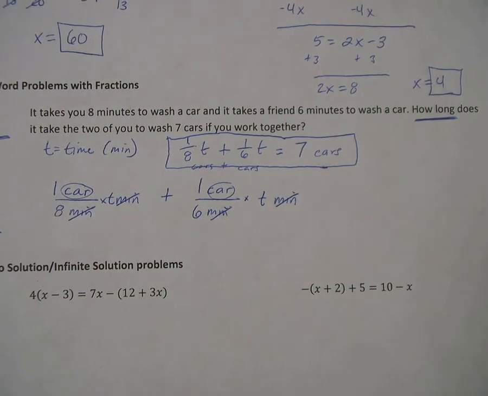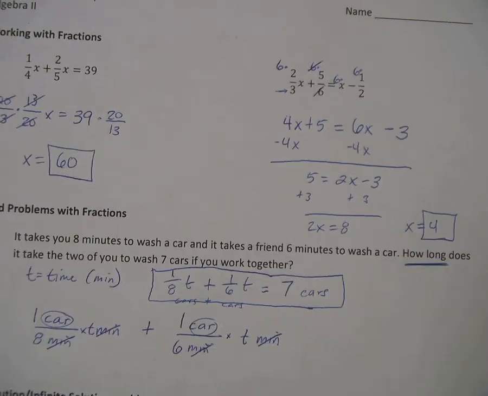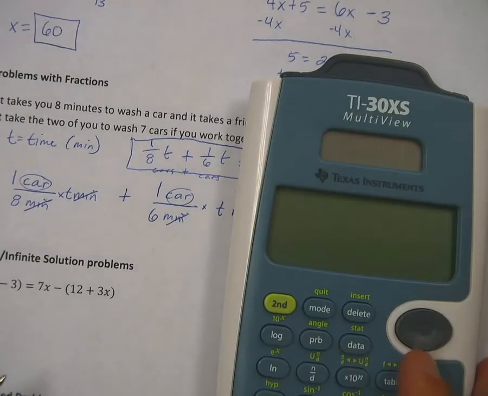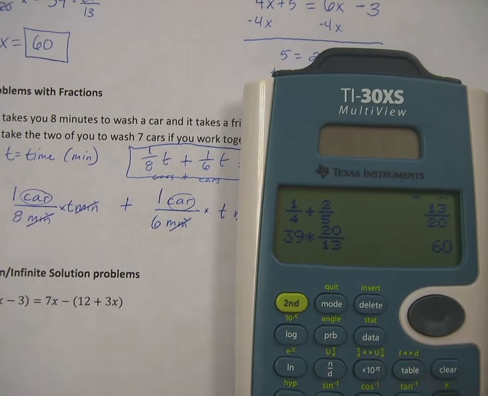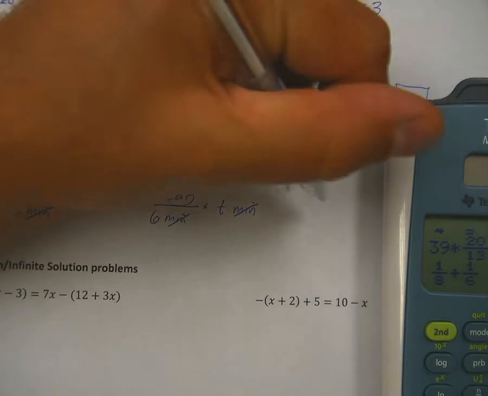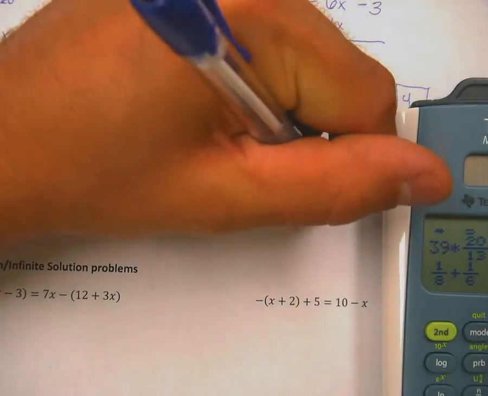Solving is pretty simple. It's what we did in the last session, right? I think if I was going to do it in this case, I would go like this and I would say, okay, 1/8 plus 1/6 tells me that I have 7/24. 7/24 of t is equal to 7.